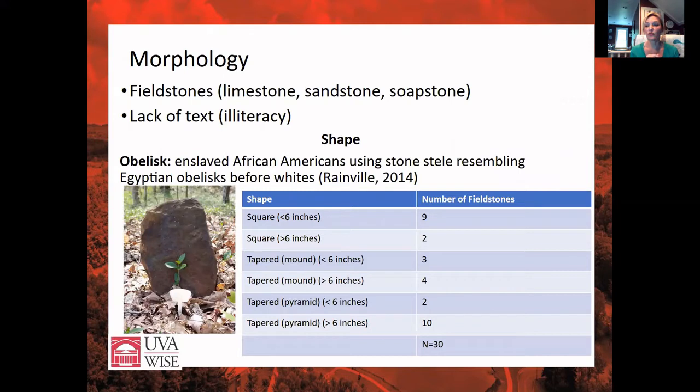So let's start with morphology. Just a recap of fieldstones. They were most commonly carved from limestone, sandstone, granite, slate, soapstone, and marble. In this case, it would be limestone, sandstone, and soapstone.